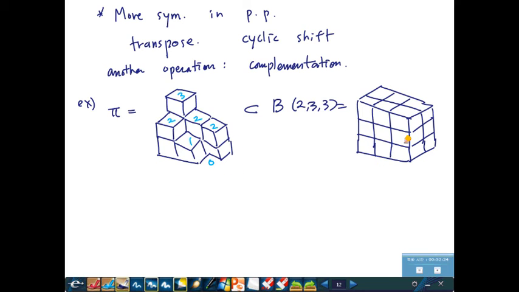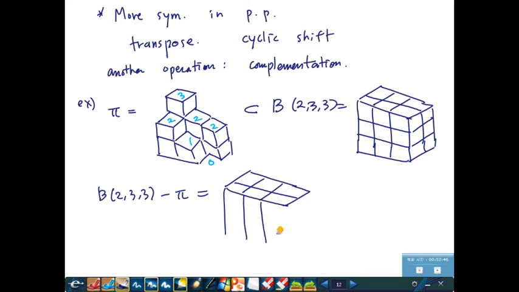All right. Now, B(2,3,3) minus pi. Let's remove boxes in pi from B. What you get, let me redraw this diagram. Okay, you would get something like this.